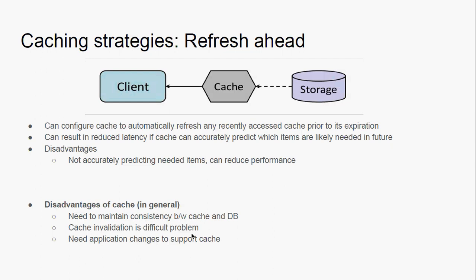Some of them work best, but still not 100%. You can still deal with that, but it will have some complexity. And when you have cache, you need your application logic to look up the cache first, and then go to the database if not found. So you need some application changes if you have cache.